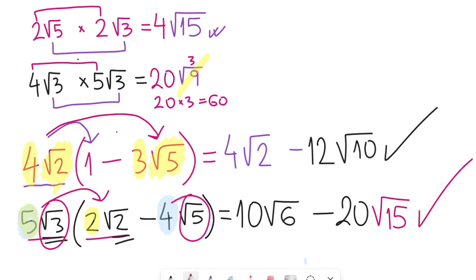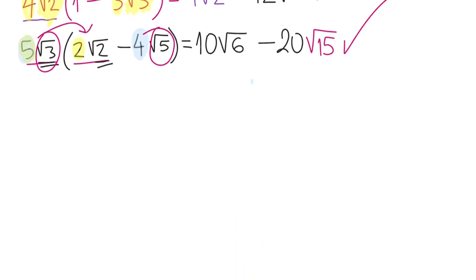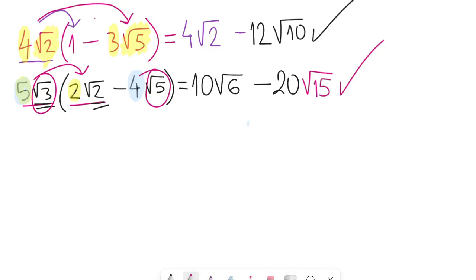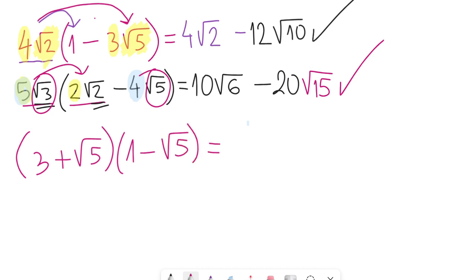All right. What if we have, let's say, something even more difficult? Let's say 3 plus radical 5 multiplied by 1 minus radical 5. Okay, this is something we did in the previous chapter, expanding brackets. This time we just do it with radicals.